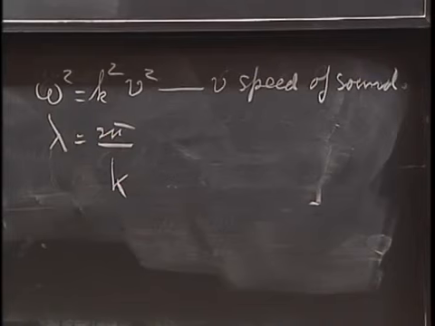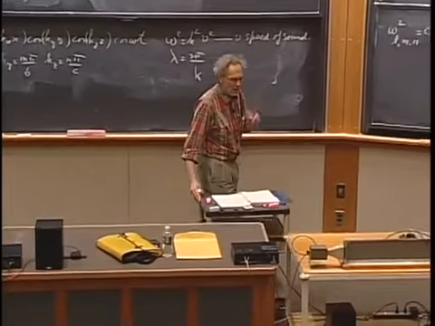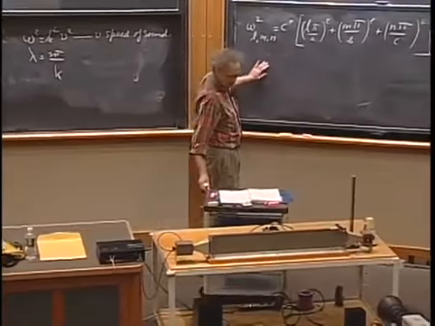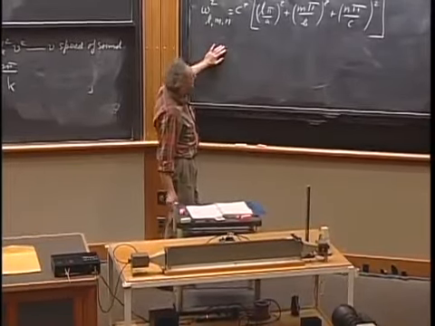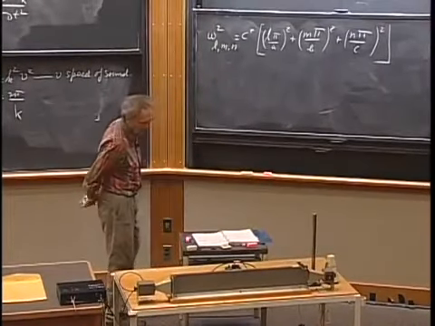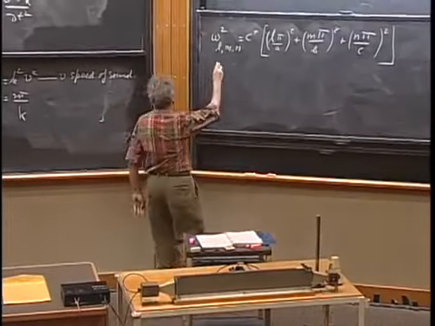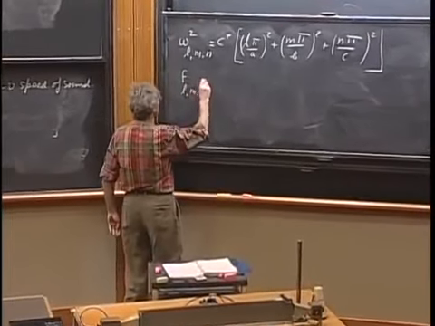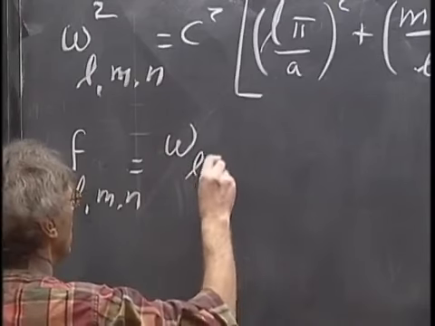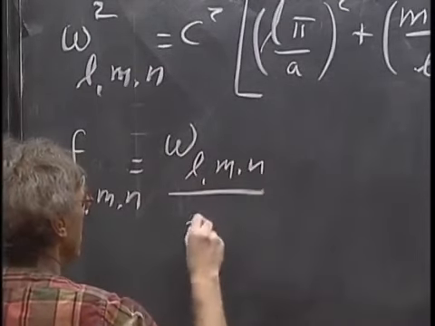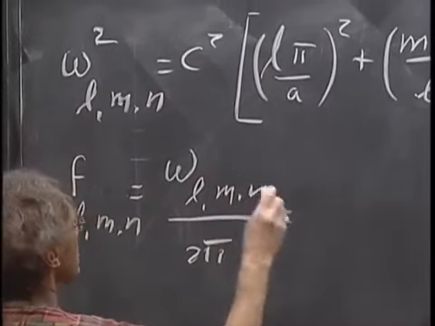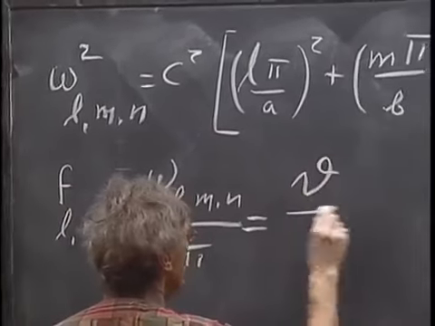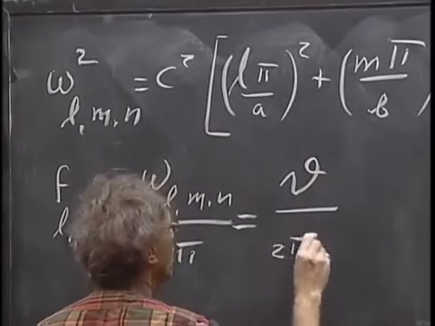I'm going to rewrite that equation on the blackboard in terms of frequency in hertz, because it's going to play a key role in the demonstration that is coming. So it is exactly the same result that you see here, but I'm going to write it now as f as a function of L, m, n, which is omega L m n divided by 2 pi, which is therefore v, which is the speed of sound, divided by 2 pi.